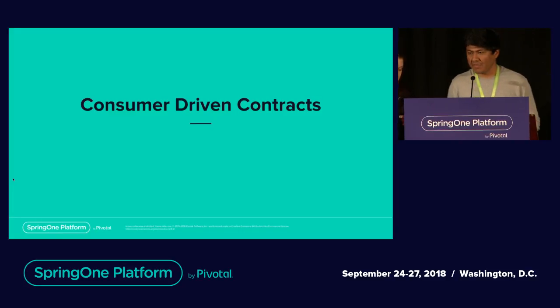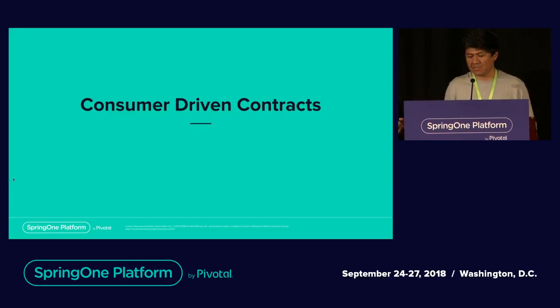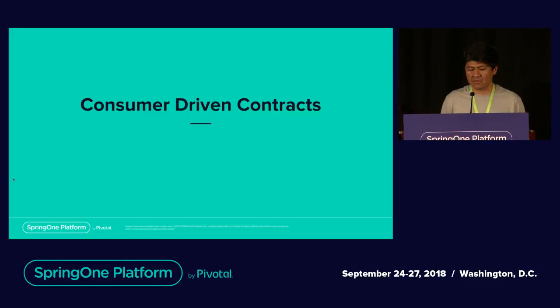Okay, consumer-driven contracts. Well, as we said at the beginning of the presentation, we mentioned the Agile Manifesto, and we also said that communication matters. So nowadays, there is a team which is in charge of building the service. There is another team which builds the web application, and another team for the mobile application.